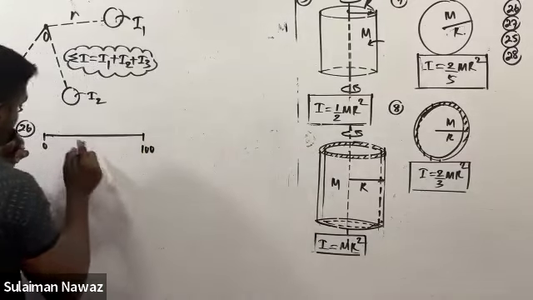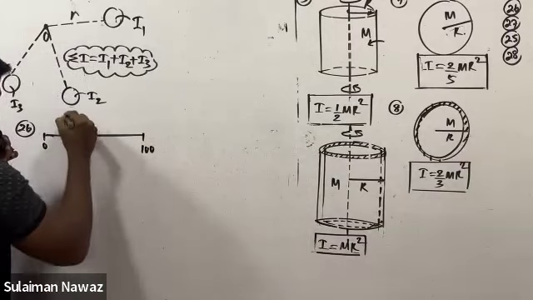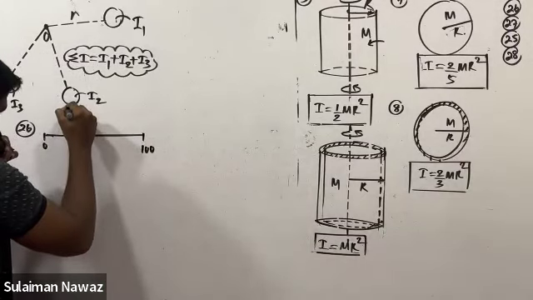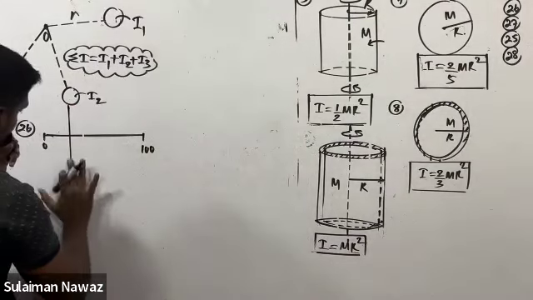Then your 20 centimeter mark will be somewhere here, not in the middle. It is a uniform rod, but the 20 centimeter mark is not in the middle. This will be your axis of rotation.